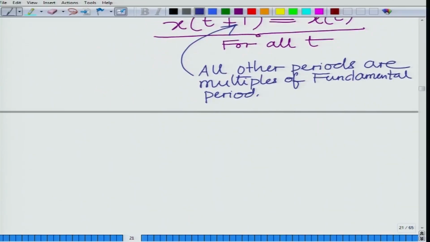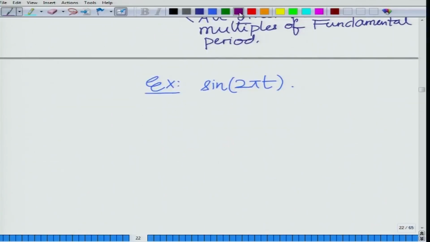For example, again let us go back to our example, sine 2 pi t. You can show that T equal to 1 is a fundamental period for this signal.